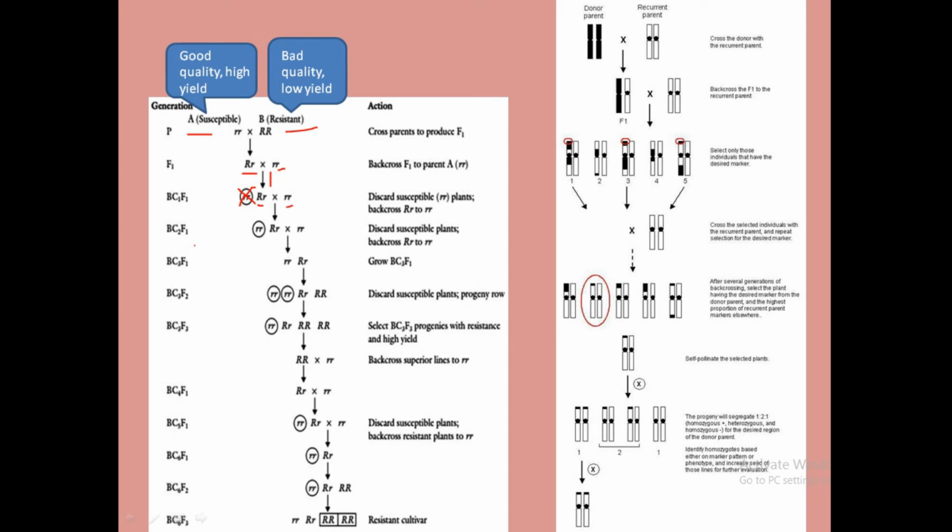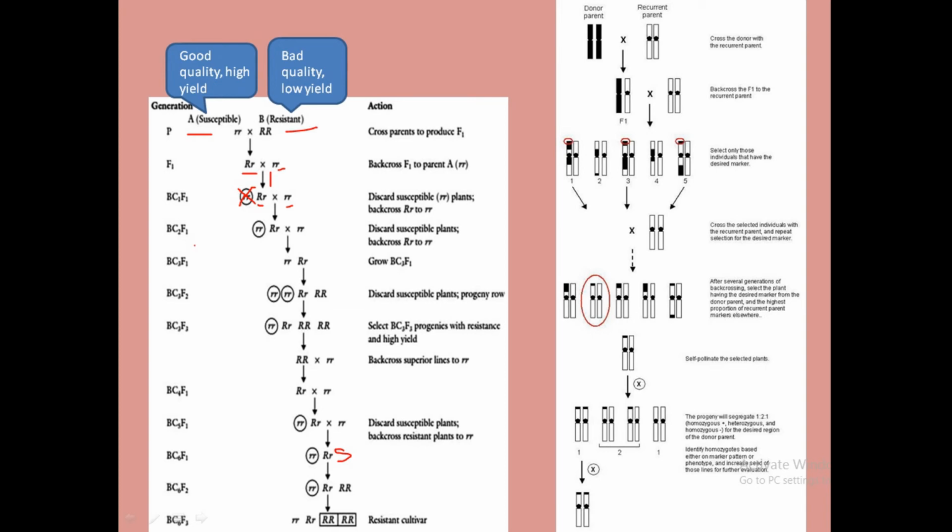So we are again backcrossing it and discarding the small r, and then again backcrossing it with the small r parent. So here variety A is the recurrent parent and variety B is known as the donor parent. Now the process goes up to BC6F1, and after BC6F1 we will do a selfing. After selfing we will get these three genotypes.